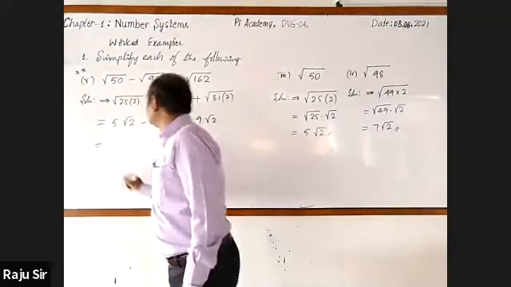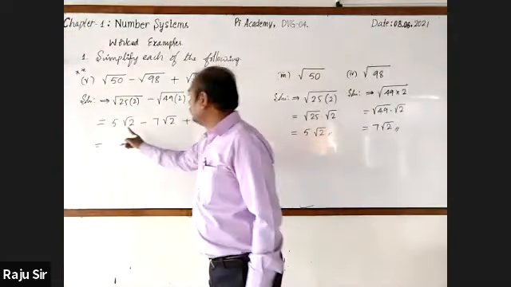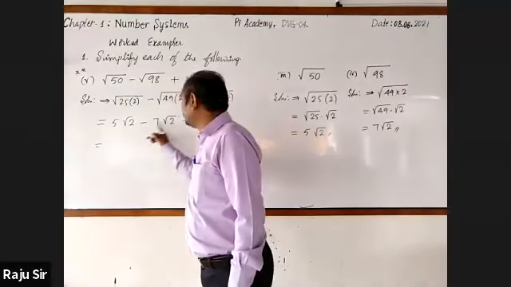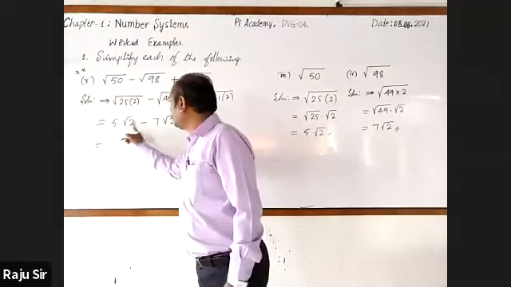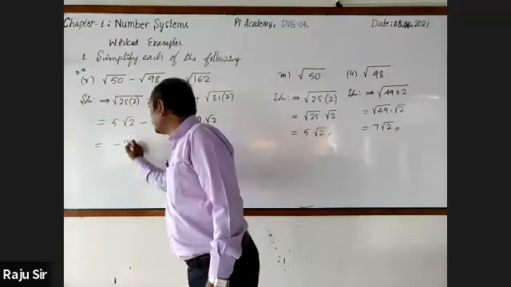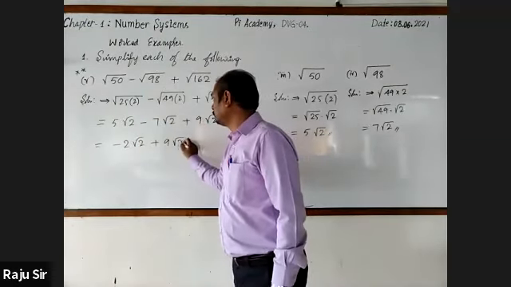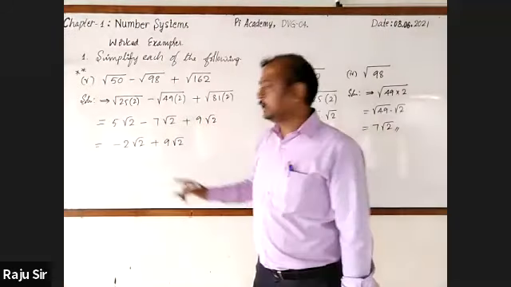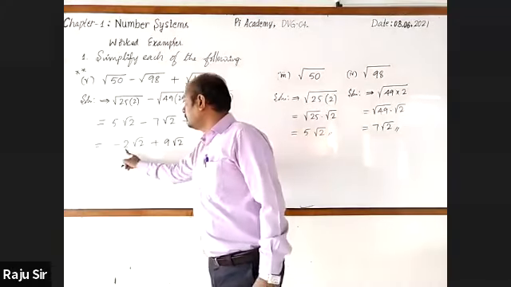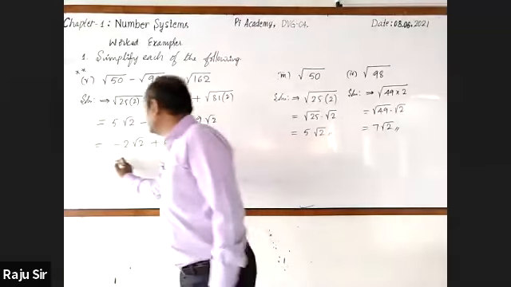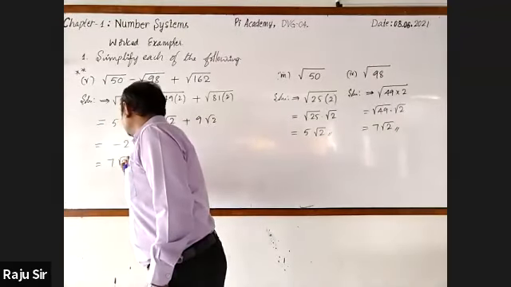They can be simplified. Here they are like 5 into root 2 minus 7 root 2. 5 minus 7 is minus 2 into root 2, plus 9 into root 2. Then again these two are like terms: minus 2 plus 9 is 7 into root 2.